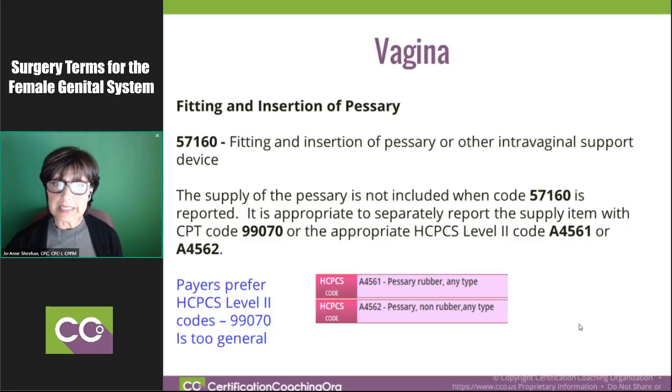I very rarely get paid for 99070 because it's too generic. But if you get denied for HCPCS, then at that point, you would know a particular insurance prefers it. But when you're billing for the fitting and the insertion of the pessary, you want to make sure you bill for the supply as well.